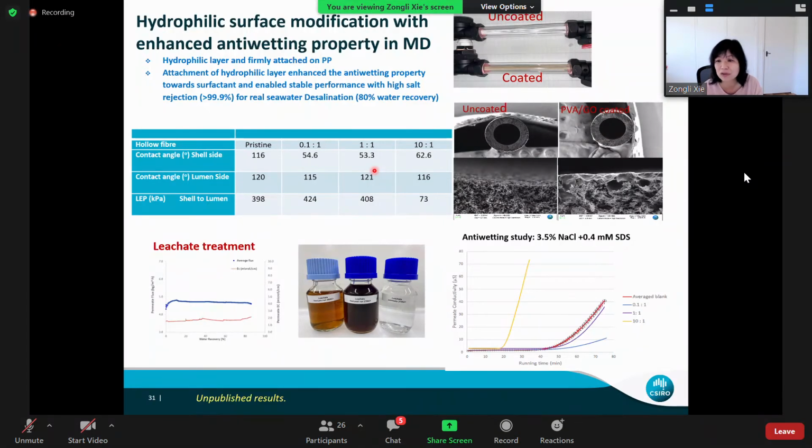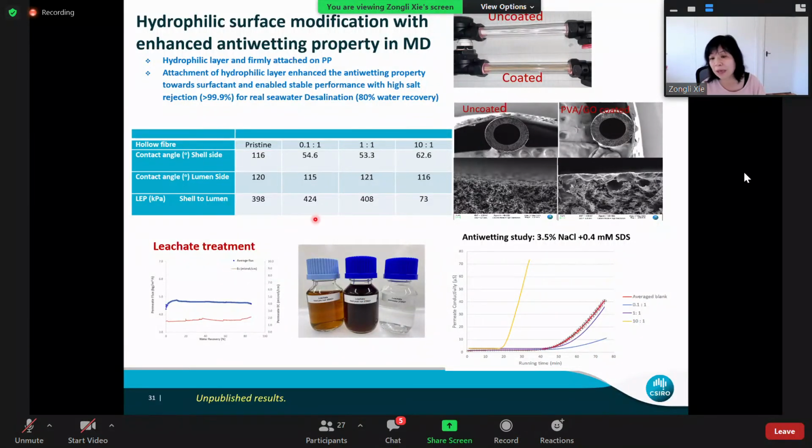We found that surface treatment is quite important, and we also utilized different methods to apply this hydrophilic layer on the hydrophobic hollow fiber membrane. In this work, we can form this hydrophilic layer after making the module.